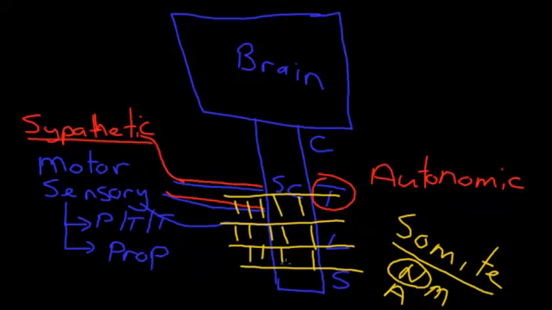The difference then becomes, what do we do about the head region? How do we provide supplies to the head region? And how do we supply the basic sensory and motor? And the next problem is that we have all these special sensations.